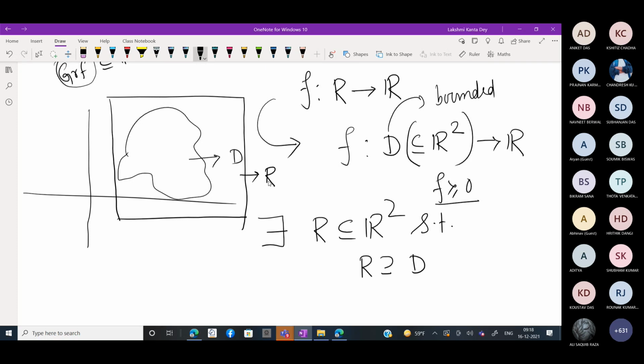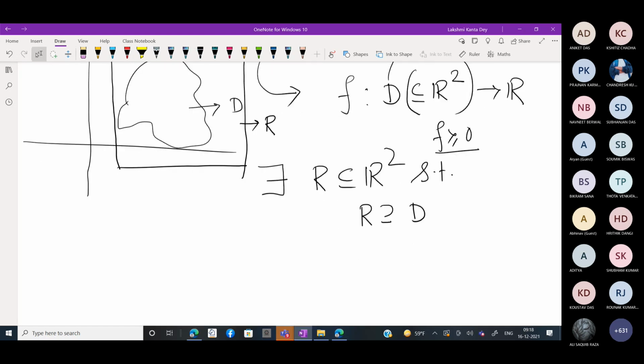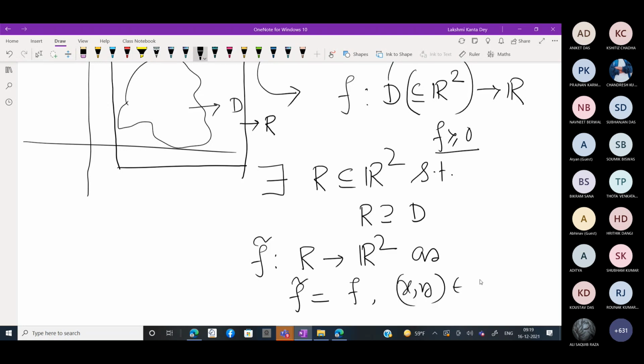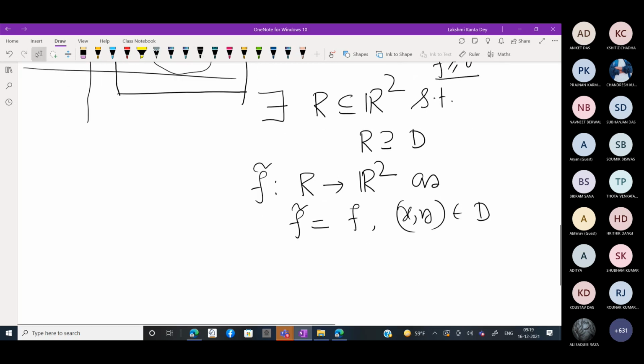This is very simple. We define F tilde from the capital R to R2 as F tilde equal to F whenever (x, y) belongs to D, and equal to 0 otherwise. That means beyond D, we assume the value of F tilde is 0.